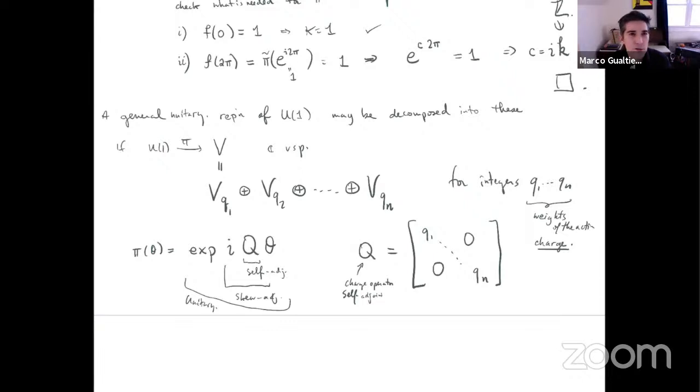What we're going to do is look inside SU2 for a U1 subgroup, and then use that U1 subgroup to help us classify the representations. So the U1 case is really the most important case in representation theory. And the next important case is SU2. And once you understand those two, you can pretty much understand the basics of representation theory at large.